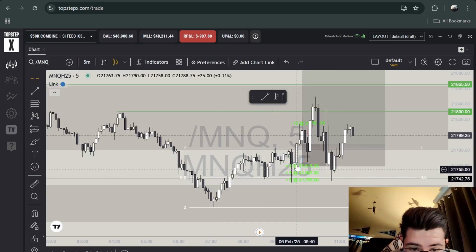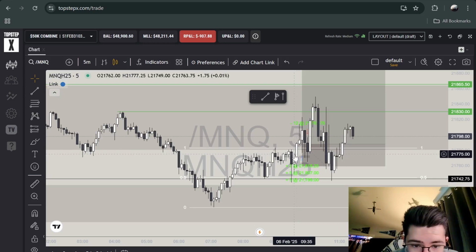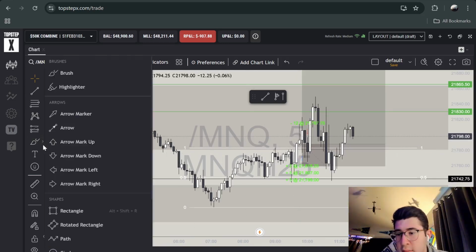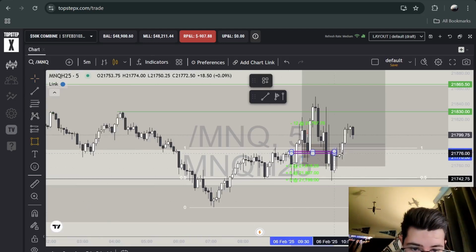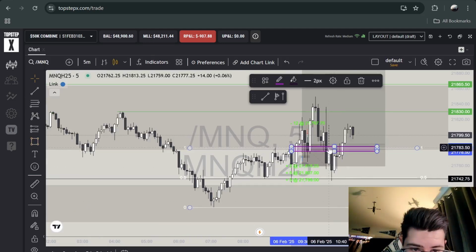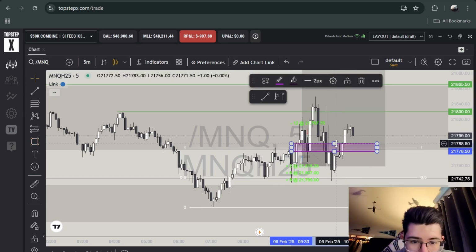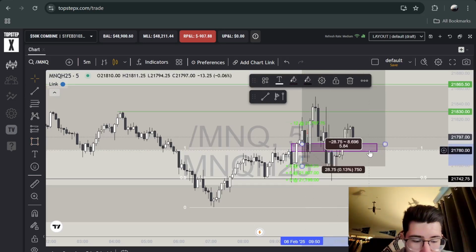So yeah, we saw this liquidity sweep on the 5 minute, and then there was this fair value gap on the 5 minute right here. I'll mark it out if you guys can't. This might be a little hard to see. This 5 minute fair value gap right here, which price obviously came into.